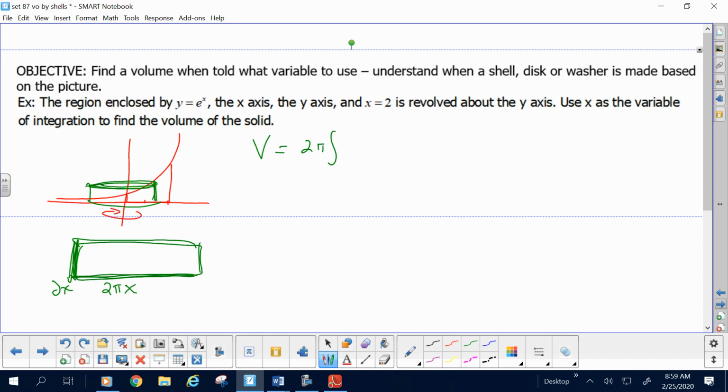And what is this dimension? That is how high we're going up to get to the function. We find the volume. This also we could do by integration by parts if we wanted to. You can see how useful integration by parts is. You often have to use it when you do a shells problem.